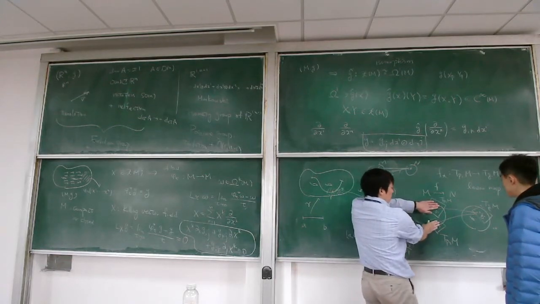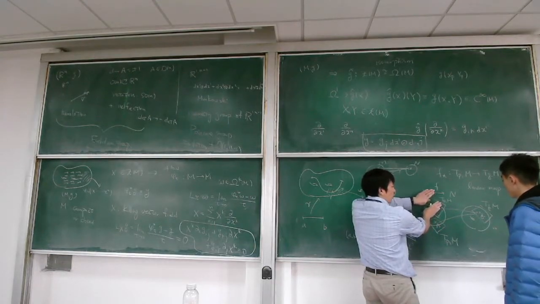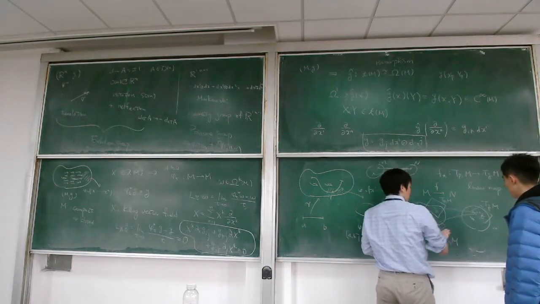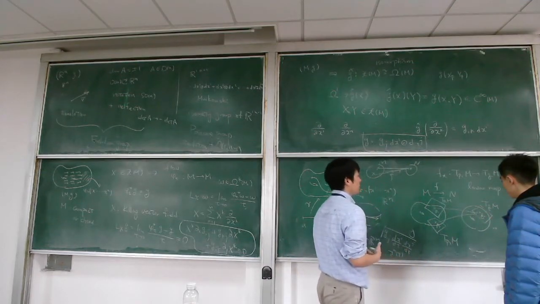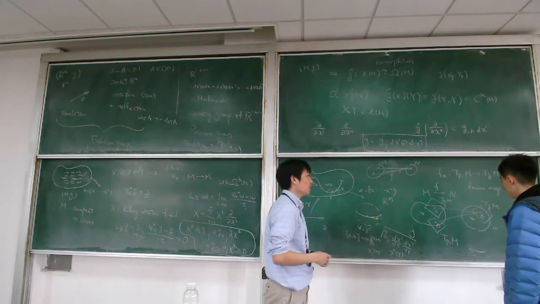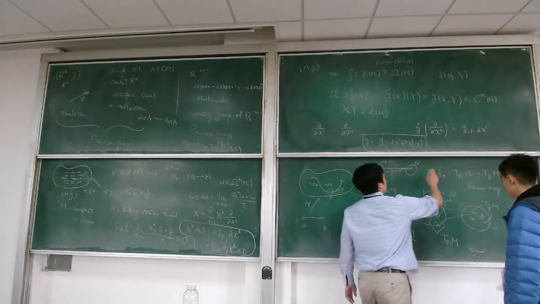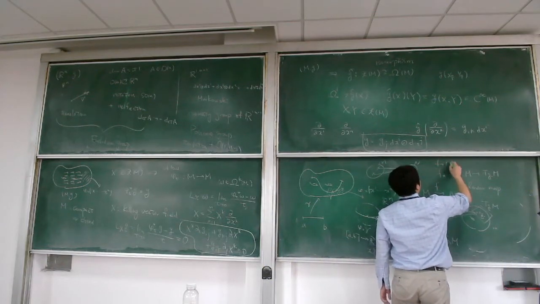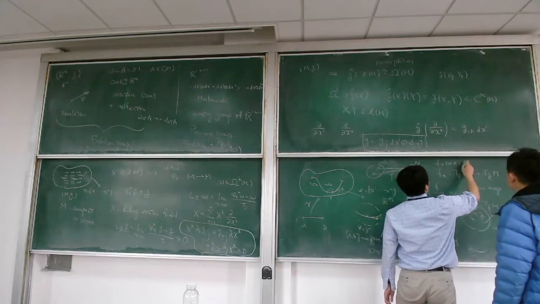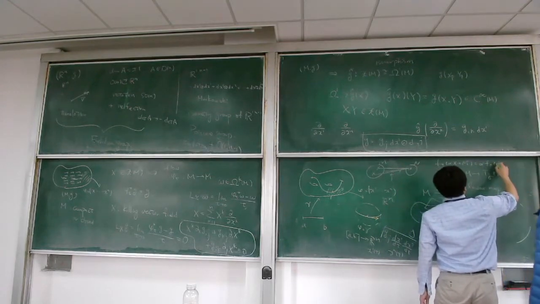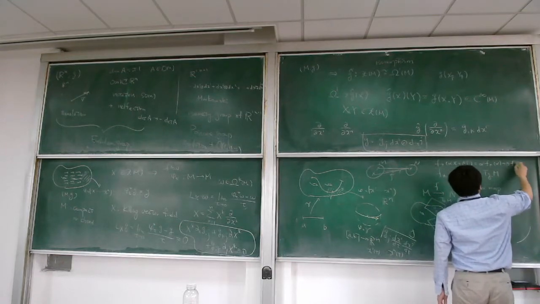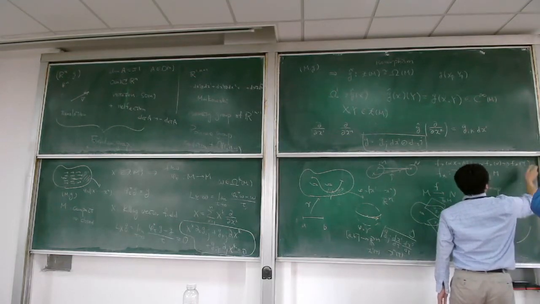So we always have a map of the vector space from one copy of the tangent space at point P here to here, and this point P maps to Q. It's a linear map as a vector space. Linear map means star.